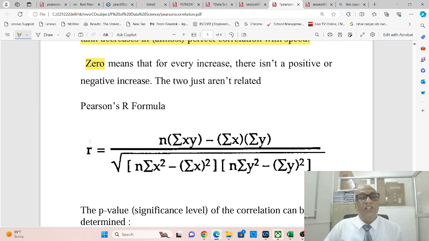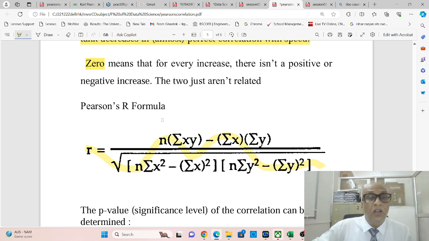Pearson's R formula, the correlation coefficient formula, is: n into summation of x into y minus summation of x into summation of y, divided by square root of n into summation of x square minus summation of x whole square, and n into summation of y square minus summation of y whole square. This formula is Pearson's correlation formula.